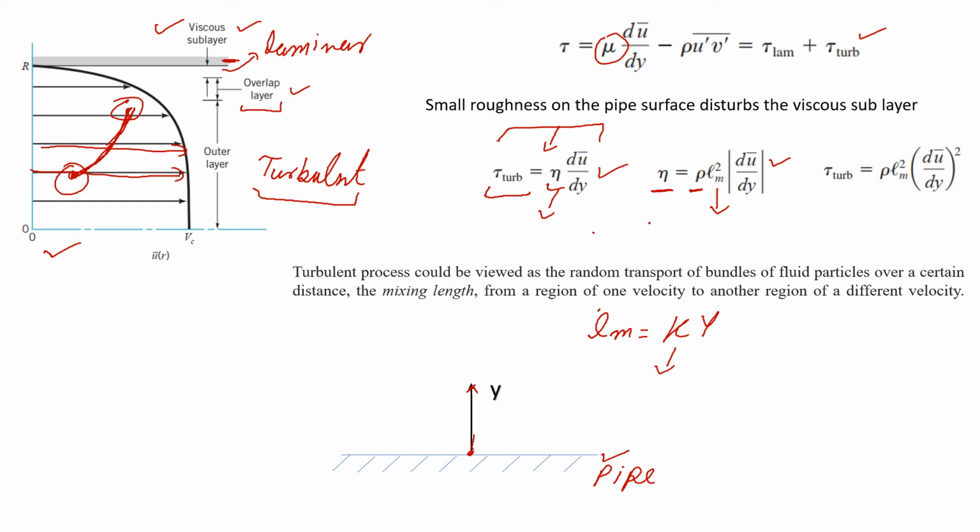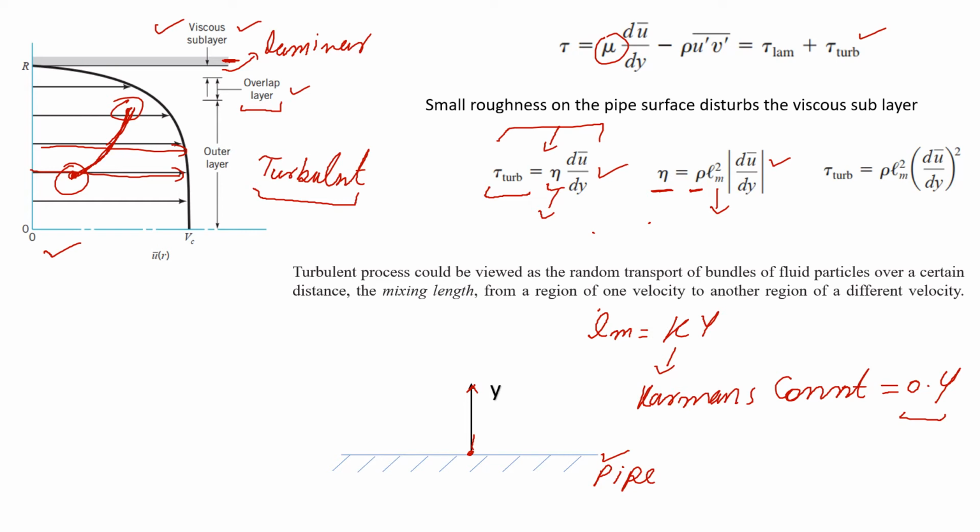This k is called Karman's constant, and all these equations that I am writing are not actually derived, but he came up with these equations with the help of experiments, and the value of Karman constant is 0.4. This is also what was assumed from the experiments.